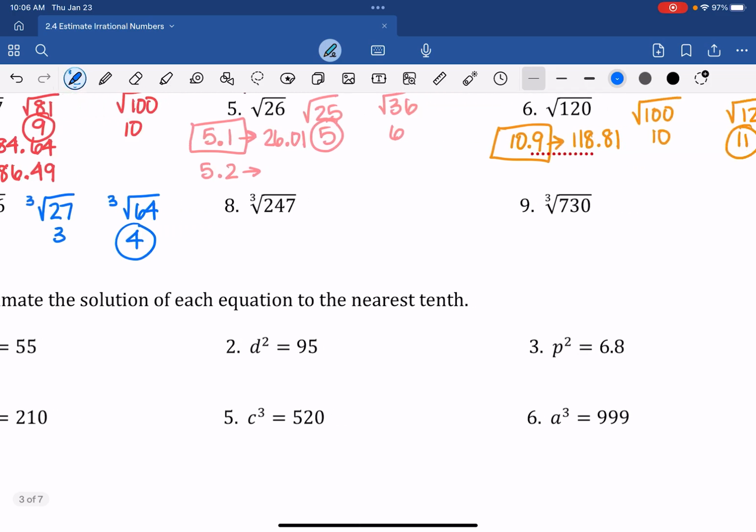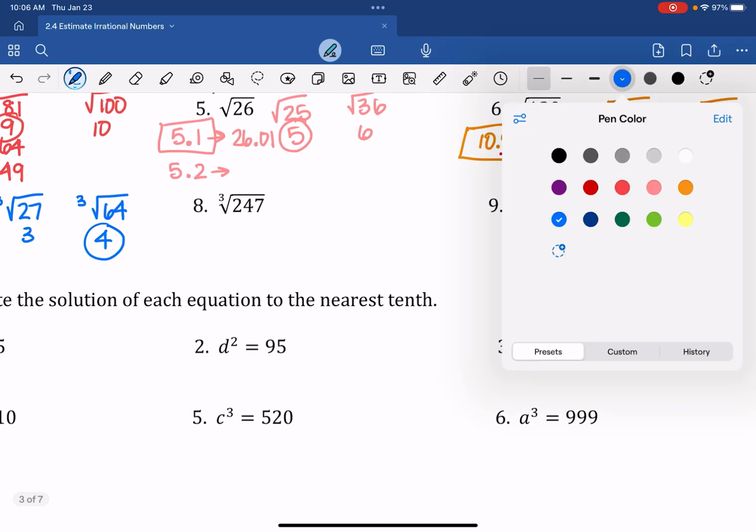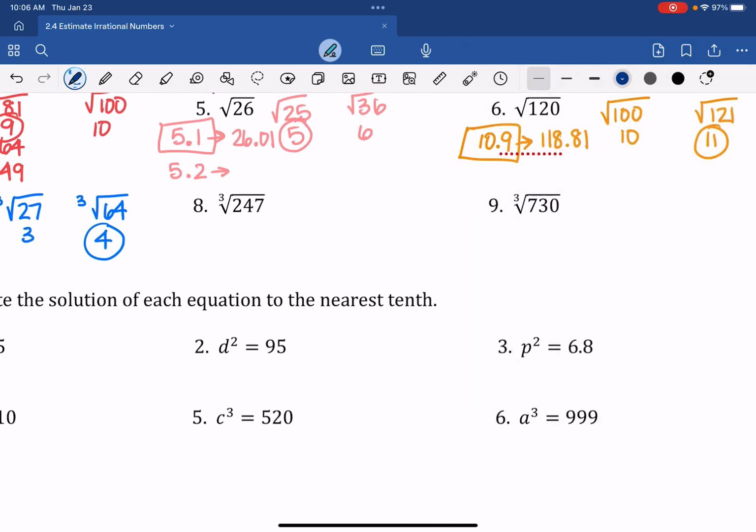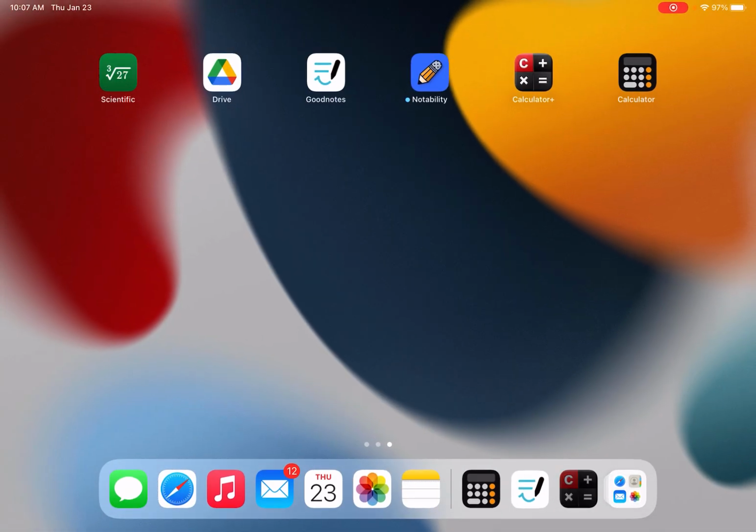Okay, the cube root of 247 is in between the cube root of 216, which is one of the perfect ones, and the cube root of 343. So I know the decimal will be between 6 and 7, closer to 6, so I'm going to try 6.2 and 6.3. Maybe 6.4. So again, remember you're doing cube roots, so you'll have to type that in 3 times.